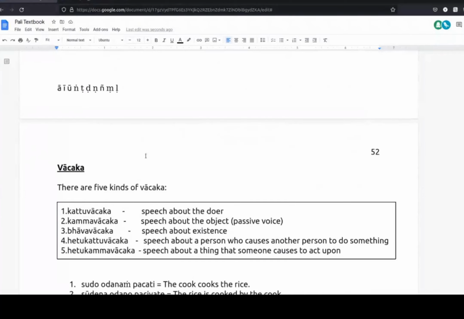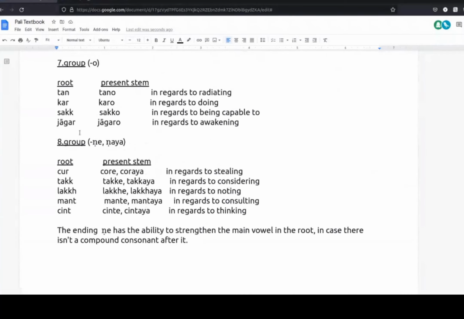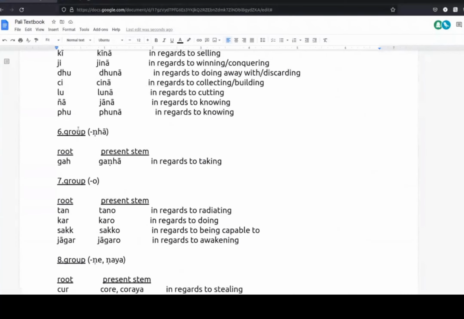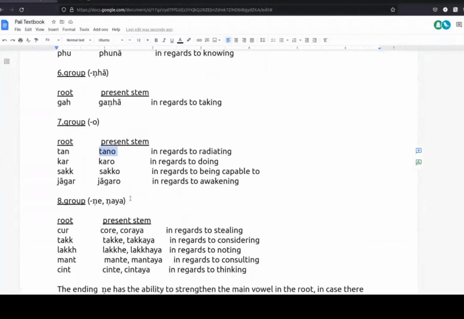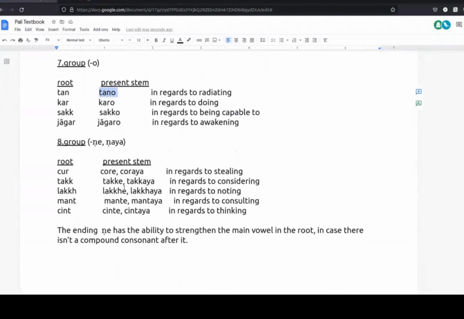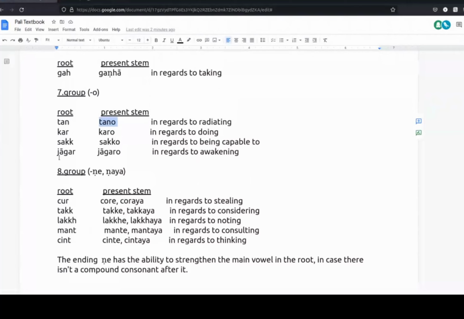So what these rules are for is to tell you what the groups are, so that when you see a verb, you can say, because it has this ending, this suffix, right? And this is then it must be in this group. But only for one verb root in regards to giving. So you go and find it in that sentence. Okay, thank you.